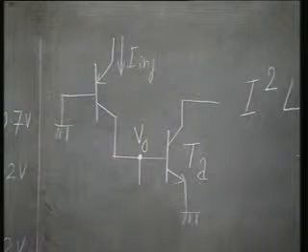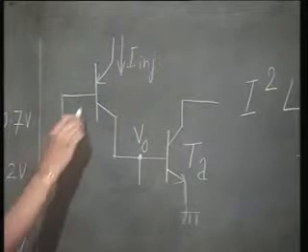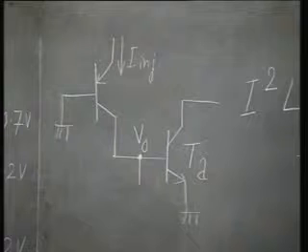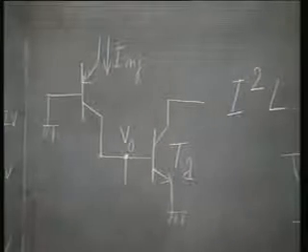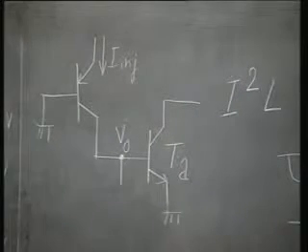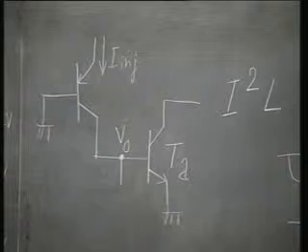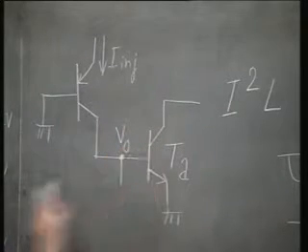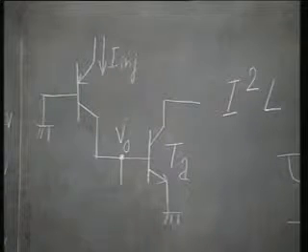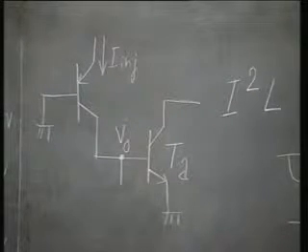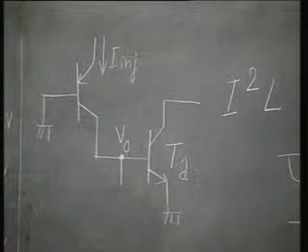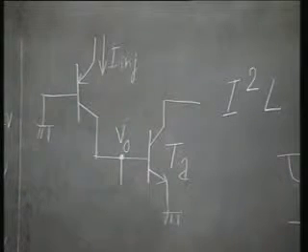Now, let us look at this PNP transistor. Its base is N type and it is grounded, and I have an NPN transistor whose emitter is N type and is also grounded. So, I could use the same N region both for the base of the PNP transistor as well as for the emitter of the NPN transistor.